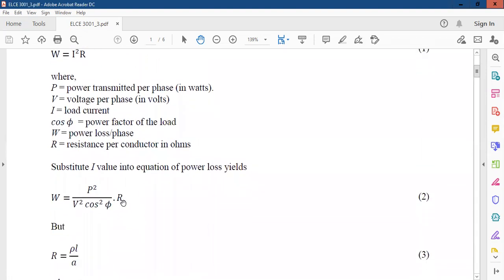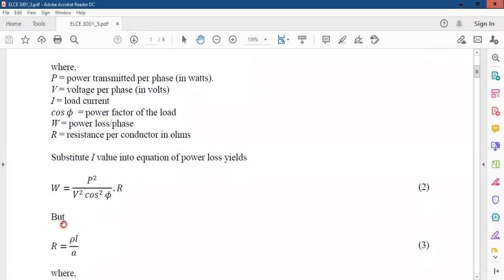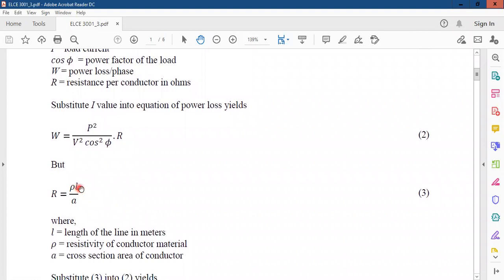Now, we already know that the resistance of any conductor equals rho L over A, where rho is the resistivity of the conductor material, L is the length of the conductor in meters, of course, and A is the cross-sectional area.